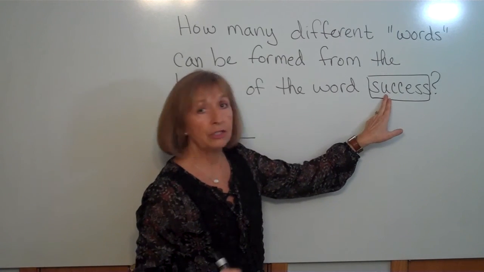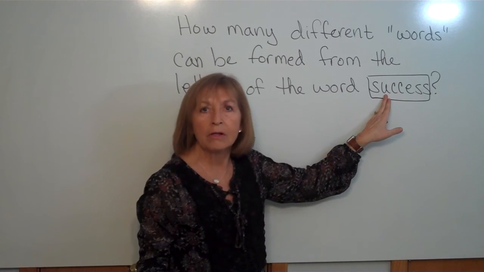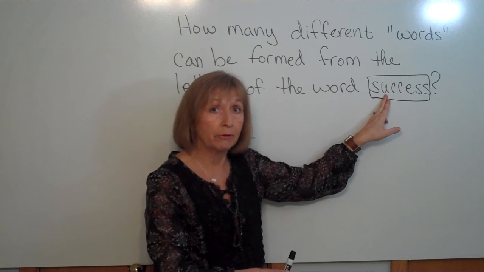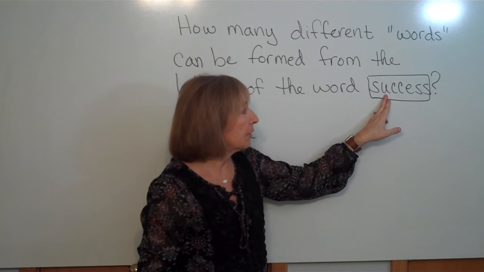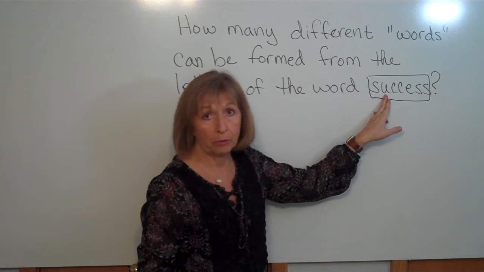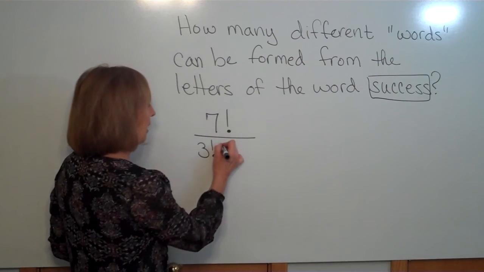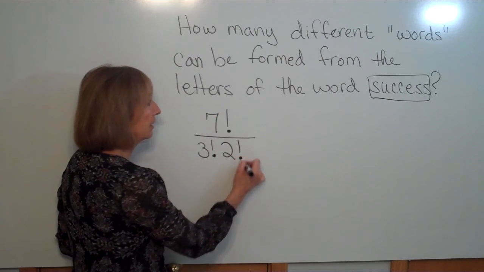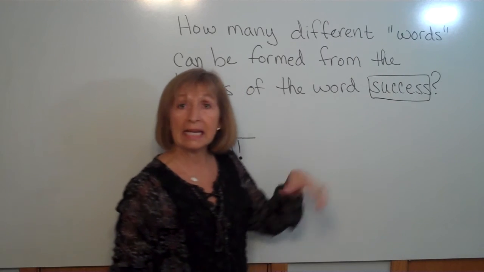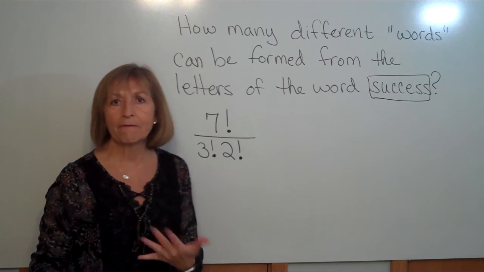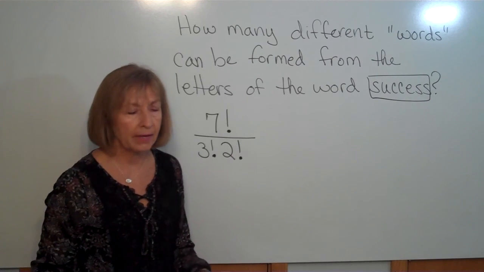And then there's only 1 U, so I don't need to put 1 factorial. 1 factorial is just 1, and when I multiply by 1, I still have what I had before, so it doesn't serve any purpose. And then there are 2 C's, so I'll have 2 factorial, and there's only 1 E, so again, I could put the 1 factorial in there, but it doesn't affect what my answer comes out as.